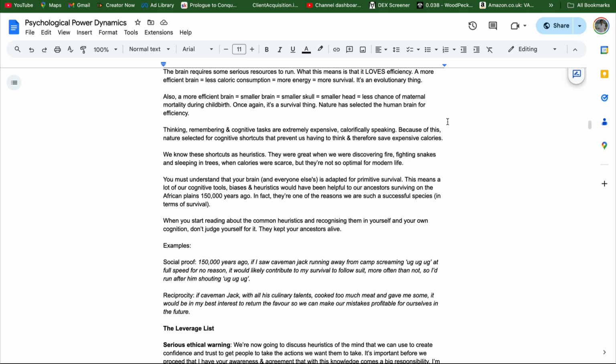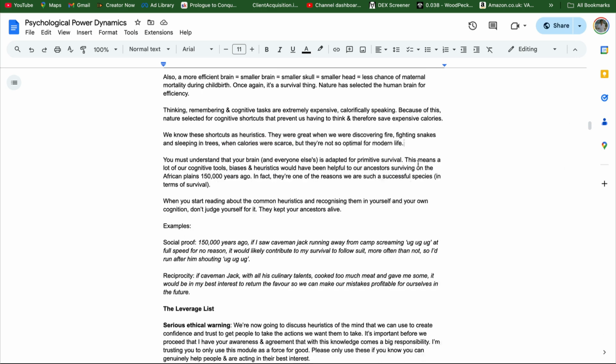Because of this, nature selected for cognitive shortcuts that prevent us having to think and therefore save expensive calories. We know these shortcuts as heuristics. They were great when we were discovering fire, fighting snakes, and sleeping in trees when calories were scarce. But they're not so optimal for modern life.